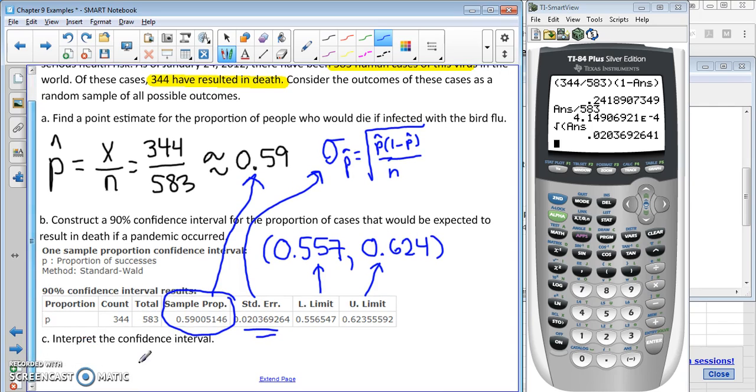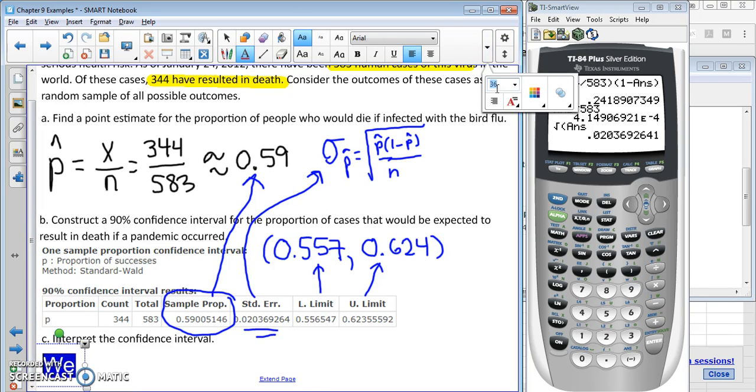So the last thing we're going to do is interpret the confidence interval. So this is always interpreted the same way.